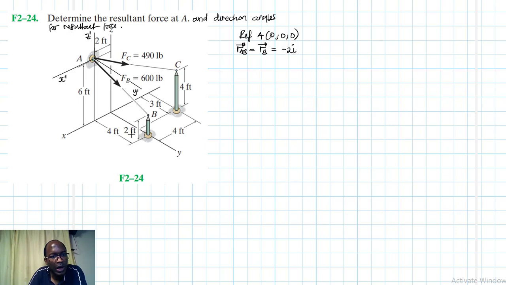What about in the Y with respect to A? It is a positive 4j. And what about Z? It's minus, what's the height there? That's a 6, since 6 minus 2, right? Which is a 4k.